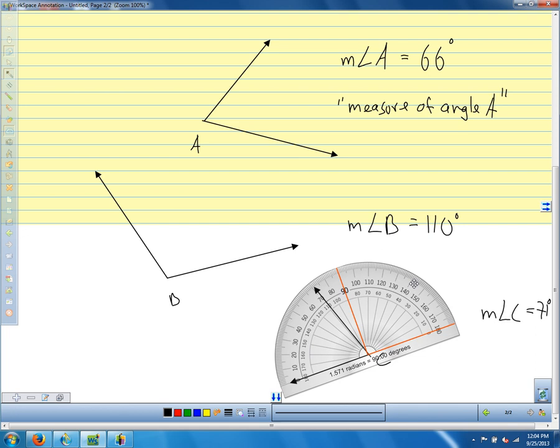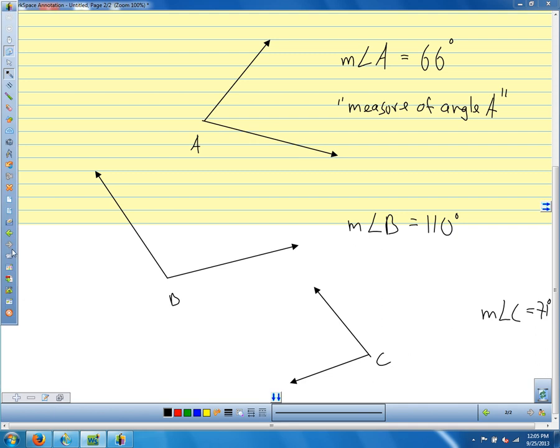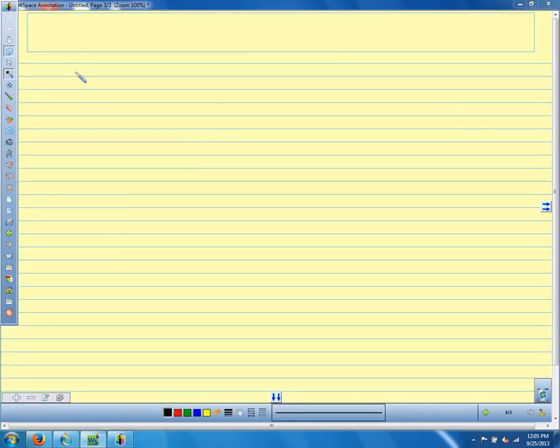What we want to talk about now is special kinds of angles. We give certain names to certain kinds of angles that are special. Special angles.